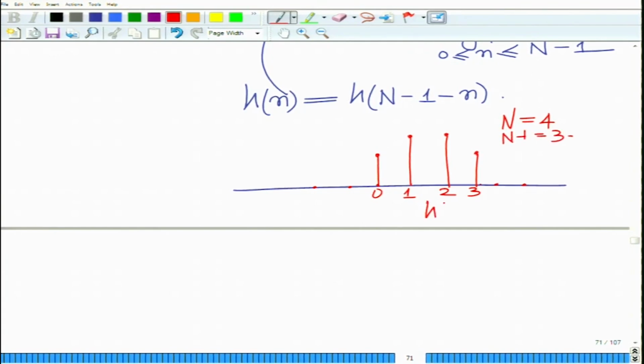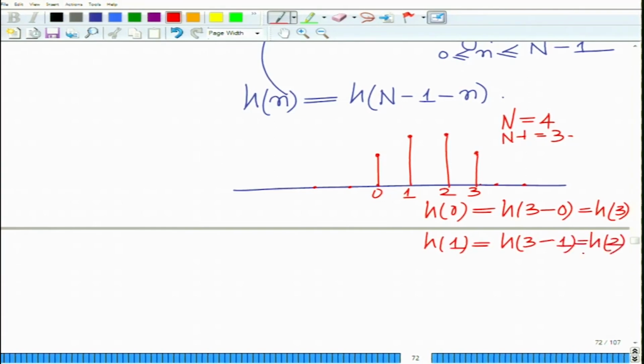So, we have h[0] equals h[3 minus 0] equals h[3], further h[1] equals h[3 minus 1] equals h[2]. So, this has symmetry, okay. You can clearly see this has a symmetry, and here N is even, okay.